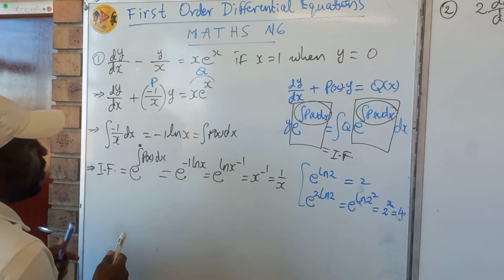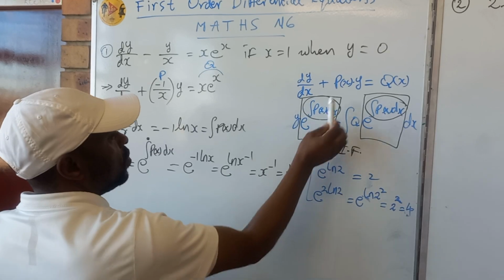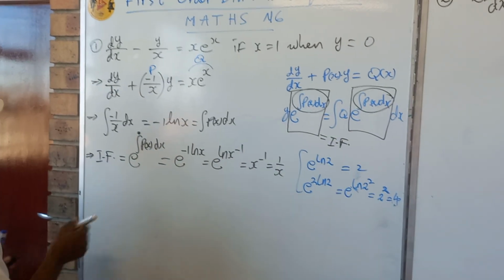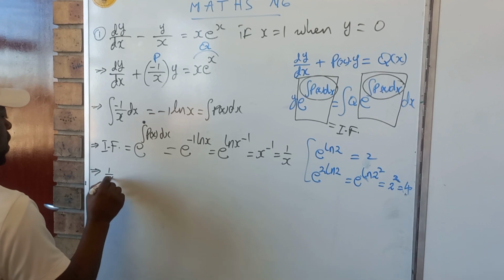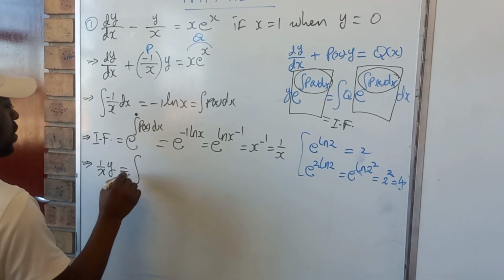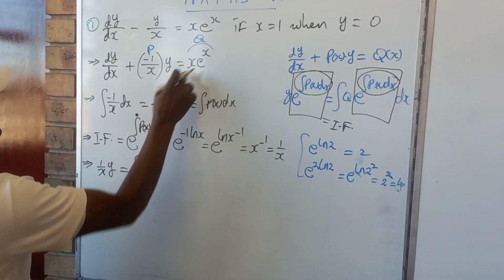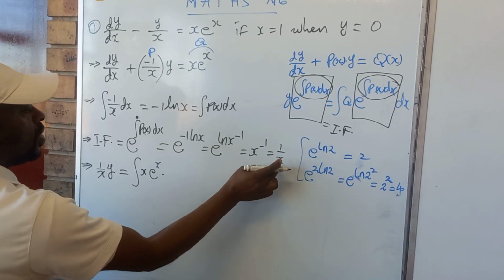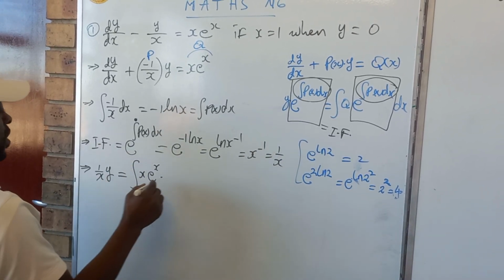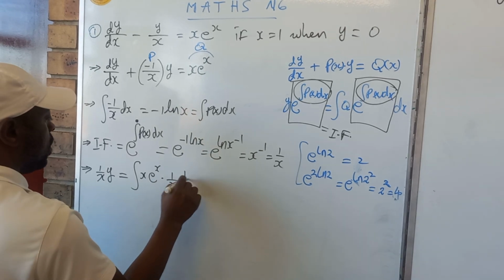So with this, I've managed to get the IF, which I will then use to replace the rectangle on both sides. So if I get back to my formula, on the left I will put in 1 over x times y. On the right, it's the integral of q. You still remember your q, it's x e to the power x multiplied by the IF, the integrating factor, which is 1 over x dx.